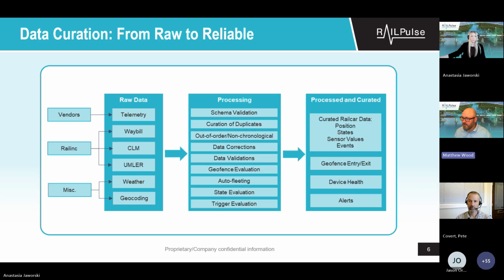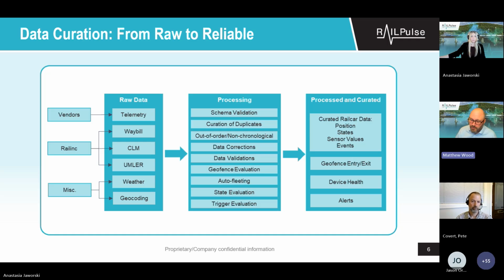Not all of the data you get off of these devices comes in a nice, clean, easy data flow that's chronological. So we handle all of that kind of complexity of taking out of order data, taking the non-chronological data and making sense of it, lining it up appropriately. We're also working with vendors to take in data corrections.